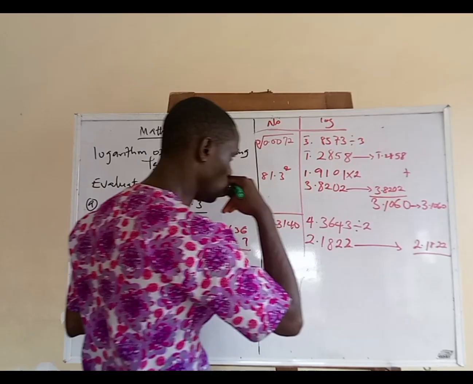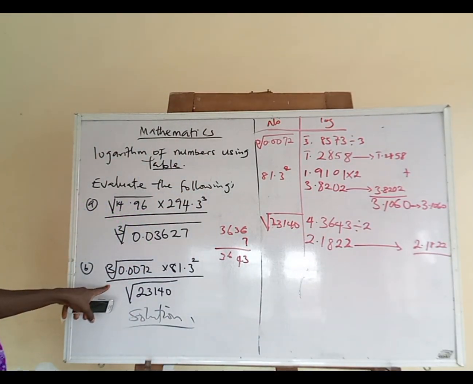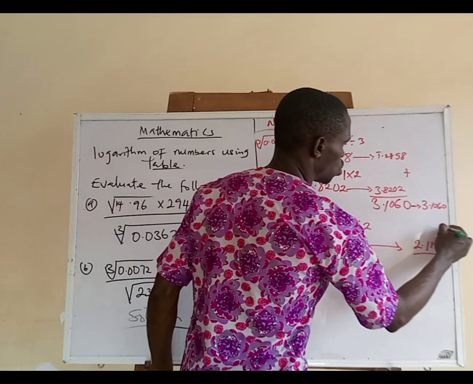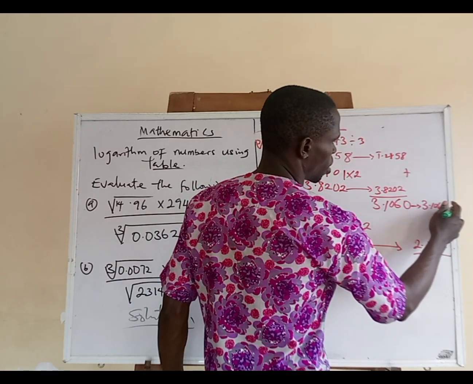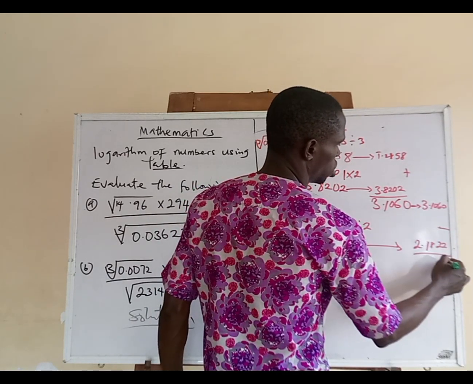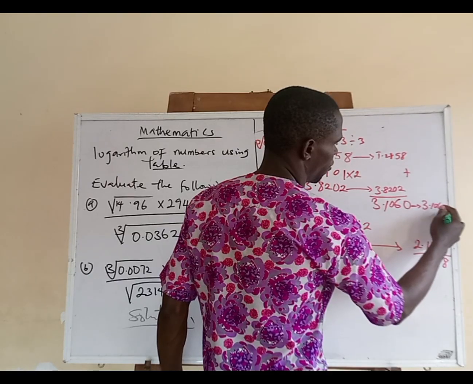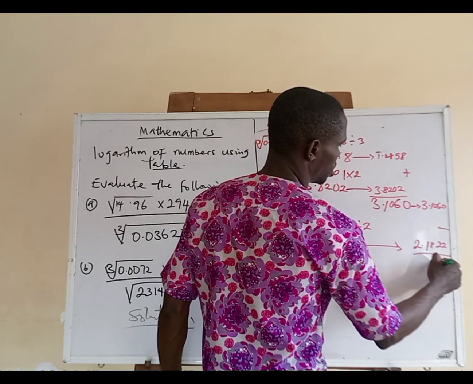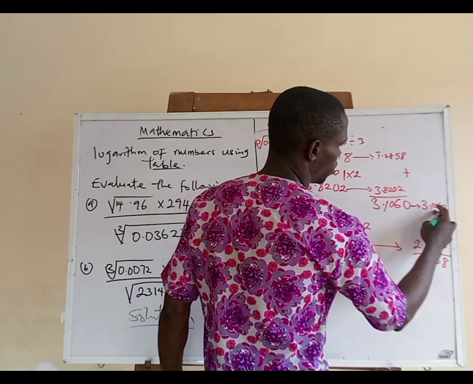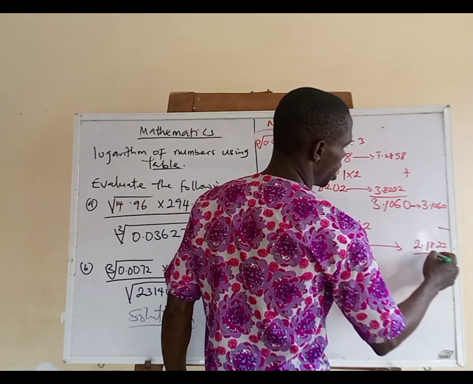That's 2.1822. So what do we do? Because of the division in between, we subtract. So when we subtract, you have 0, that's 10. 10 from 2, that's 8. You have 5 from 2, that's 3. Then you have 10 from 8.